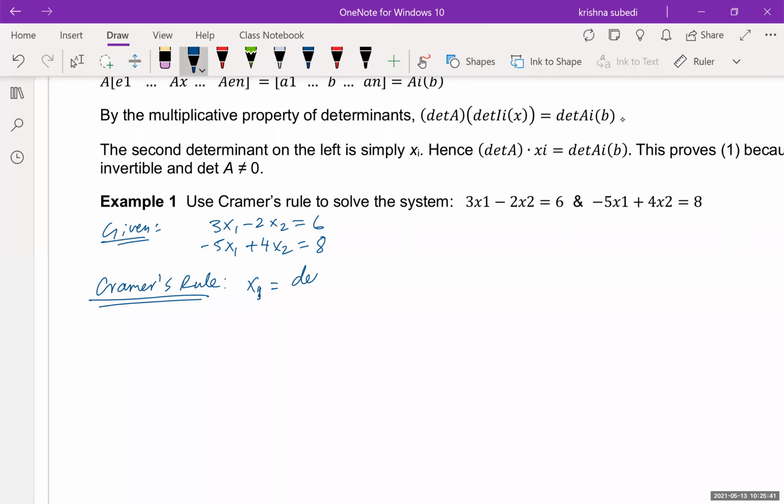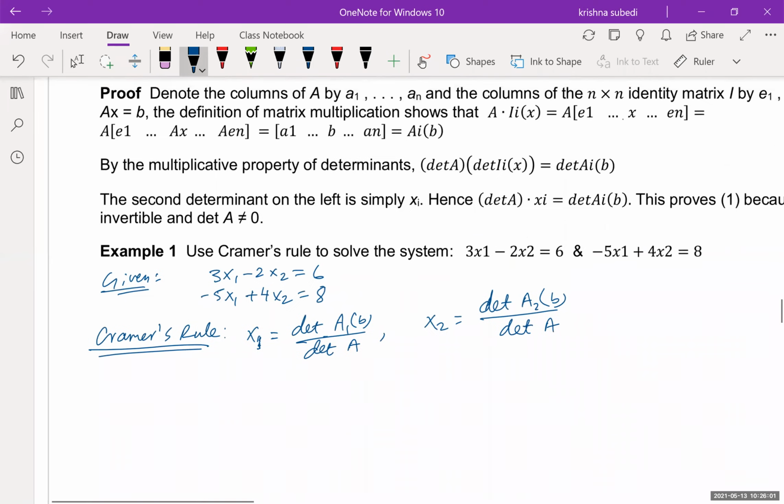So x1 equals determinant of A sub 1 b over determinant of A, and x2 equals determinant of A sub 2 b over determinant of A. That is the formula that you need to memorize, okay?